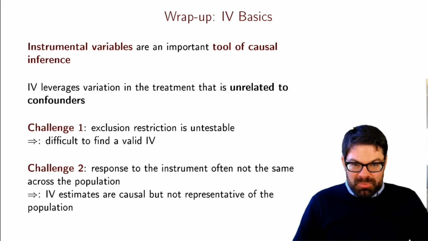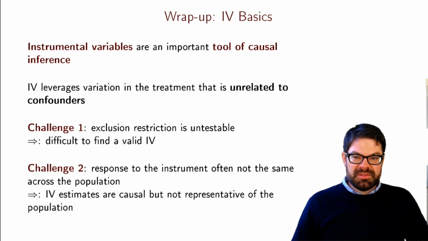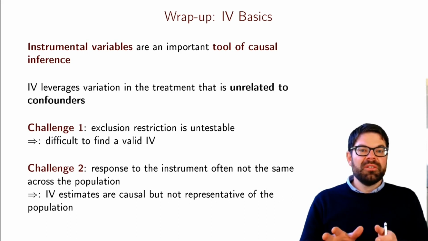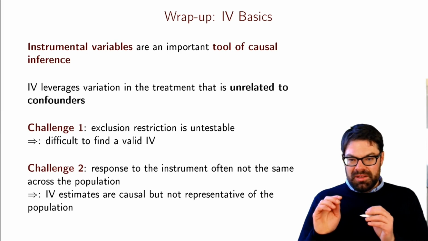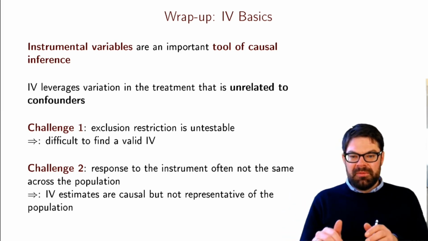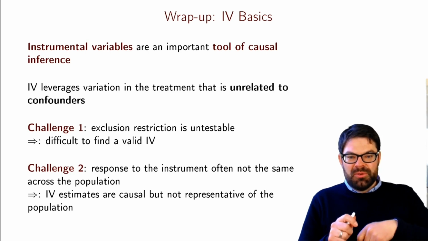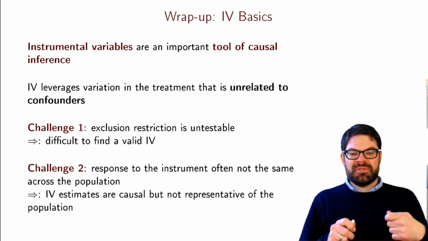So to wrap up videos 1 and 2 for instrumental variables, we've introduced here instrumental variables as an important tool of causal inference. What instrumental variables do is they leverage variation in the treatment that is driven by the instrument and unrelated to confounders.